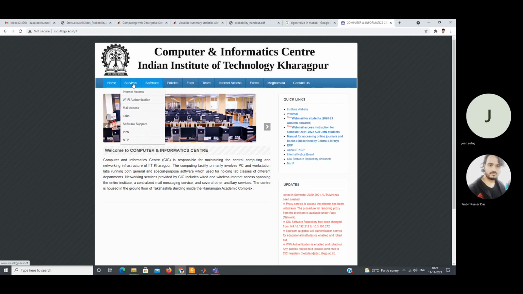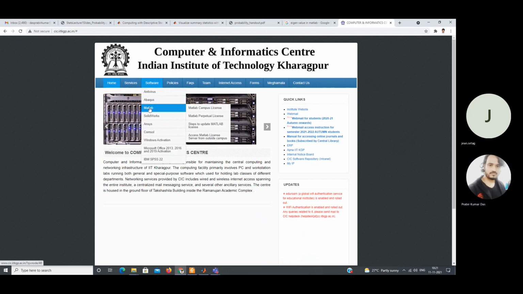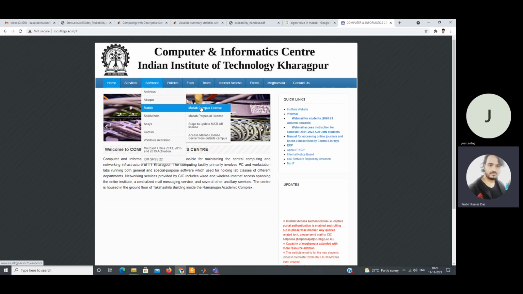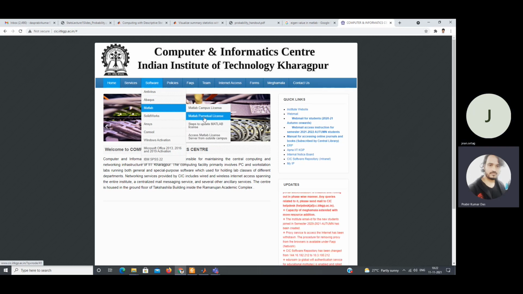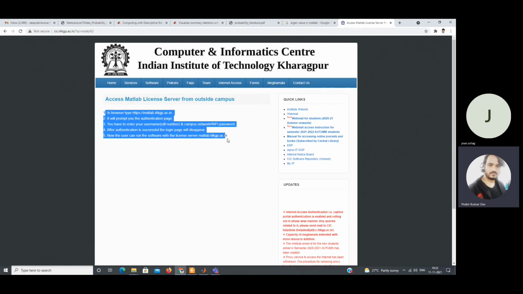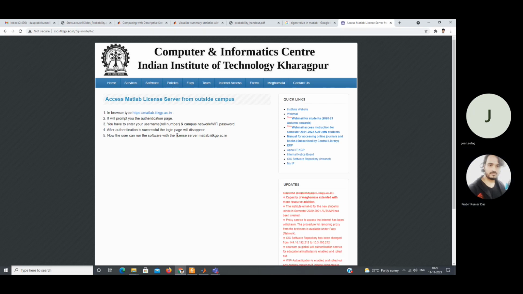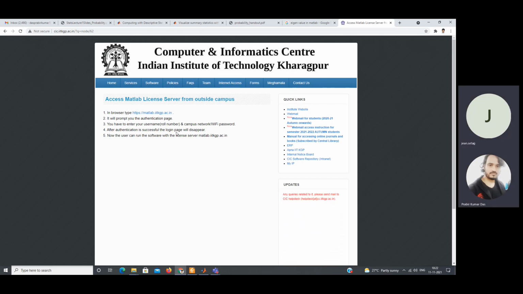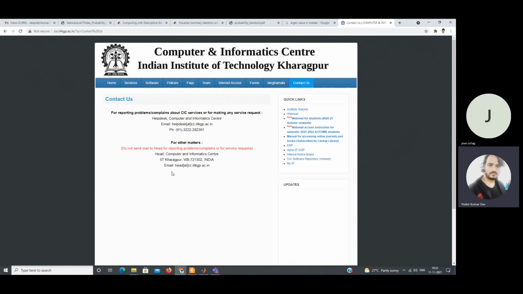So there is a MATLAB tab. From here you can get the MATLAB campus license, or outside campus you have to click access MATLAB license server from outside campus. There is a procedure, so you can follow it and try. Okay, sir, I'll do it today. If it is not working, then mail not the ERP but the CIC, as they are responsible for MATLAB.